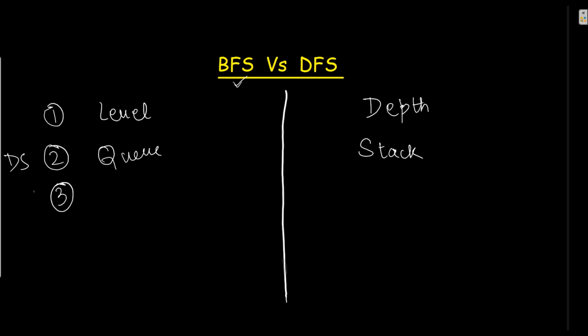Then the third difference: a queue always works on FIFO, first in first out, whereas a stack works on LIFO, last in first out. That is a property of a stack, and a queue has the property of first in first out.